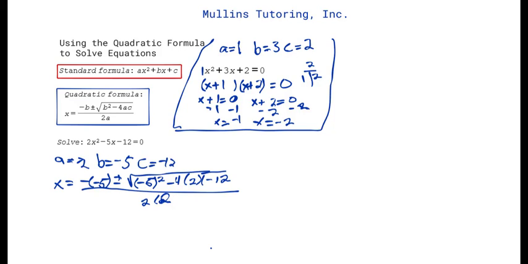So 2's are tricky. Let's see if we can redo that one. Okay. So our next step is going to be simplifying it. So we have x is equal to negative times a negative 5 would be positive 5, plus or minus.